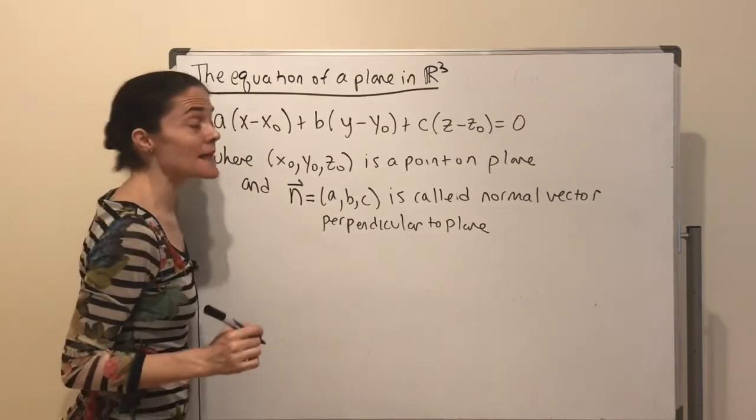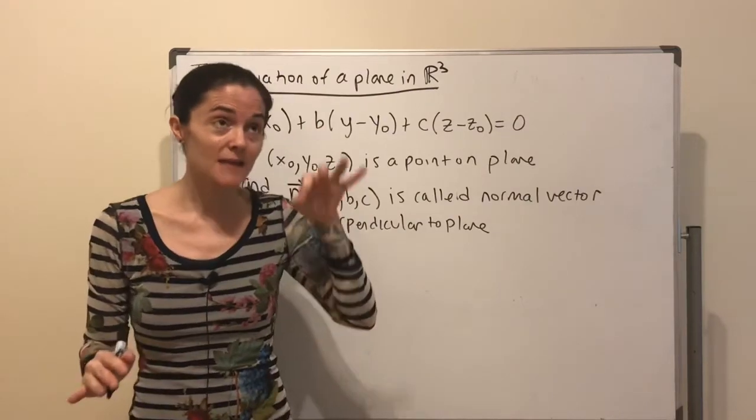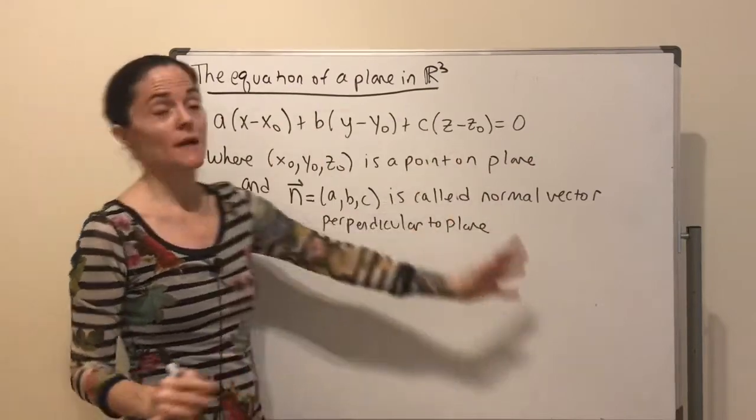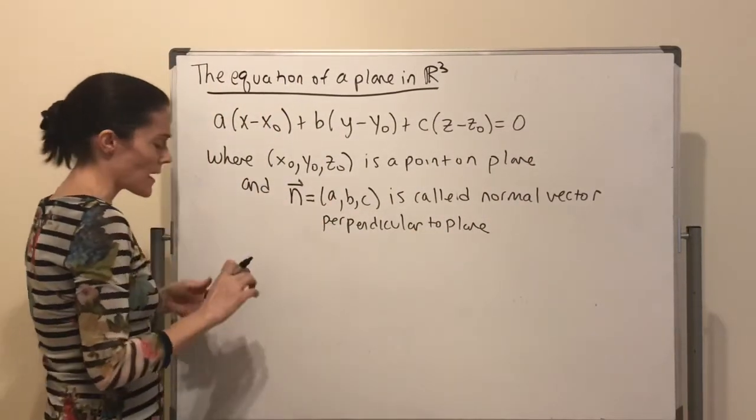And what do I mean by that? Well, what I mean by writing this is that a point (x, y, z) is on the plane provided this equation holds. And, well, there's another way to think about this.